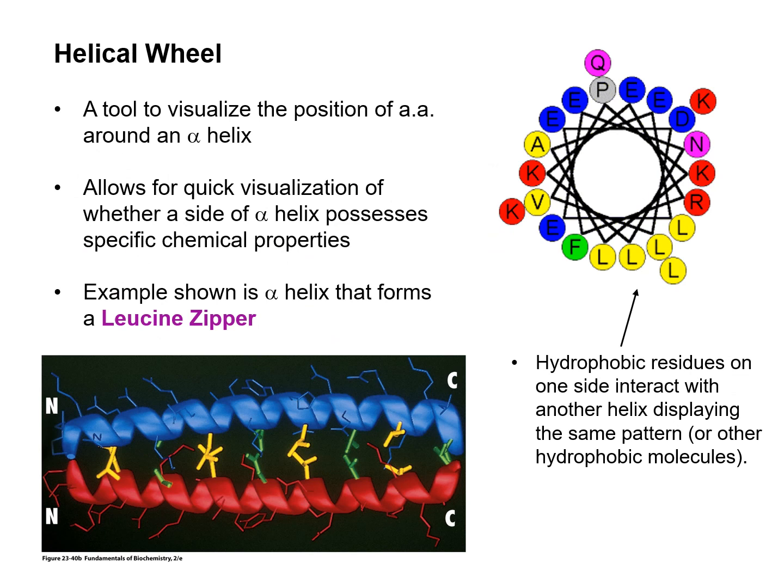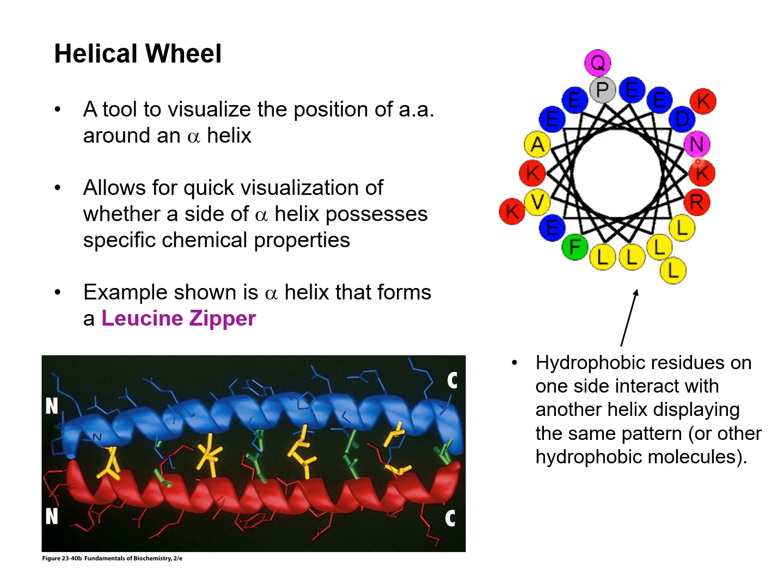Another way to present and visualize the alpha helix, especially the position of amino acids around it, is the helical wheel, as you can see here, in which you can see the components of the alpha helix, each amino acid, where they are located and so on.